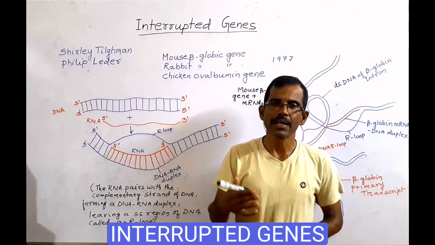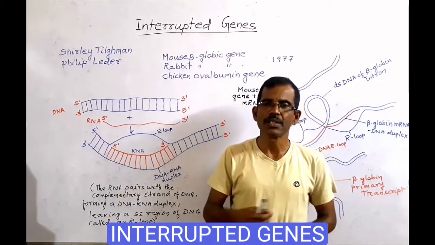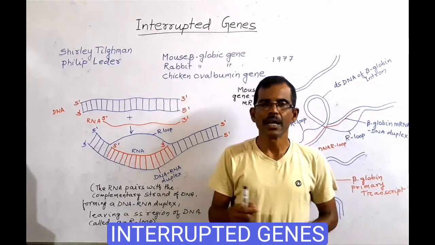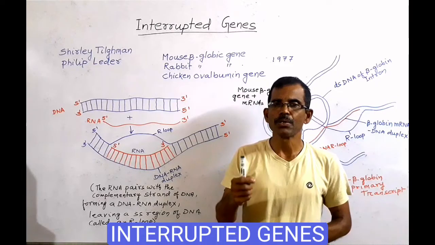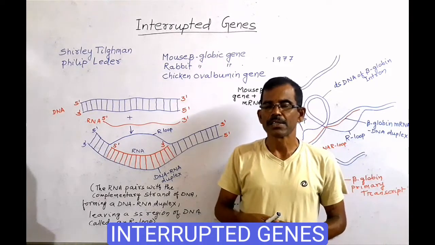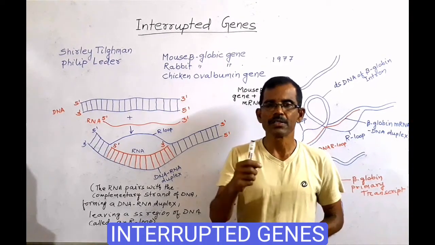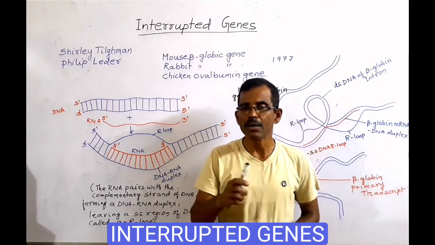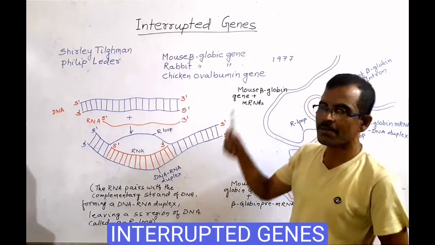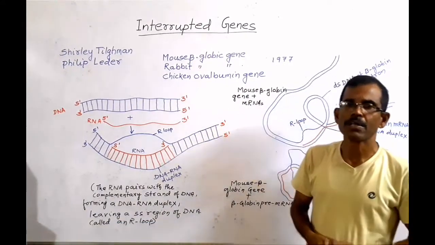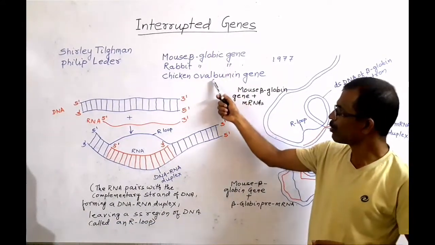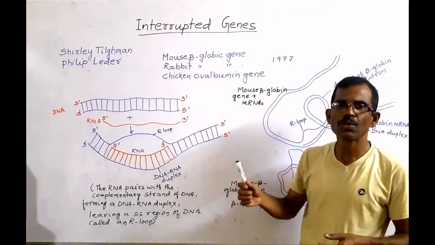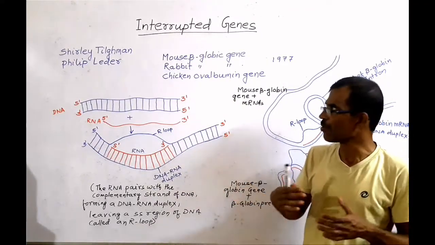Most of the well-characterized prokaryotic genes contain a continuous sequence of nucleotide pairs that specify a collinear sequence of amino acids in the polypeptide chain. However, in 1977, the molecular analysis of three eukaryotic genes showed the presence of introns.